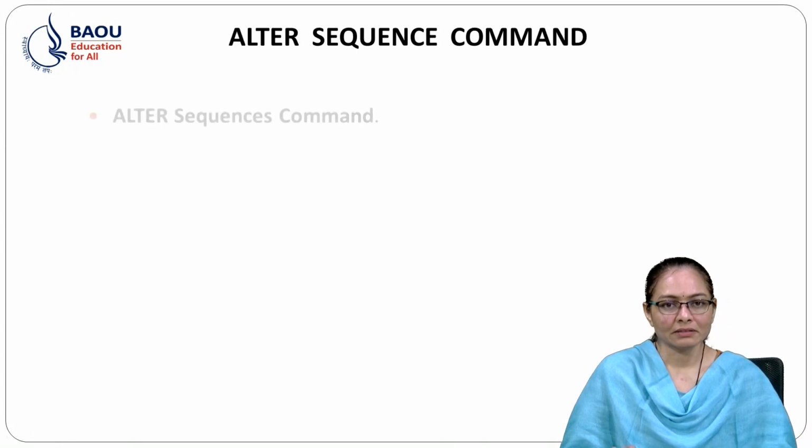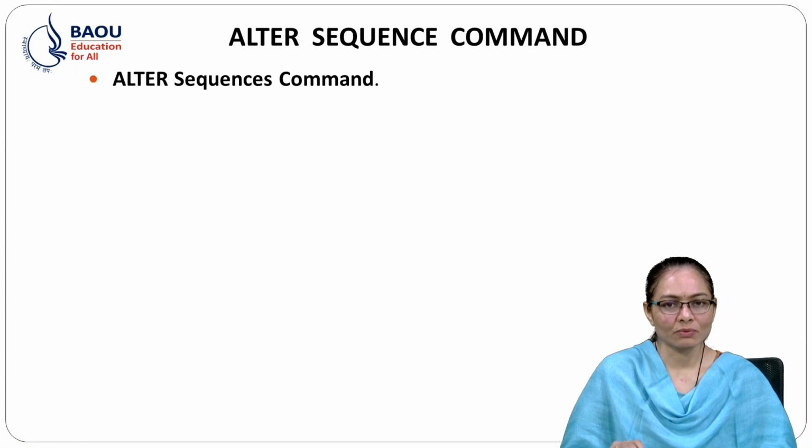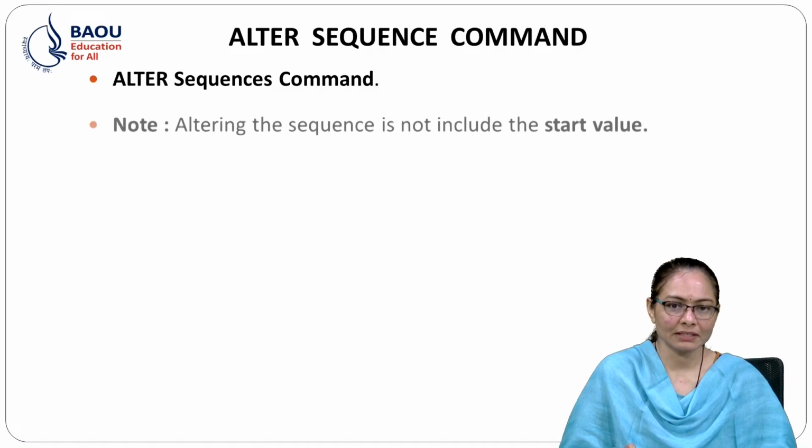Now, after a sequence is created and we want to make changes to the sequence, then this command is used. It is used to change and modify an existing sequence. Altering a sequence does not include the start value. Remember this point.